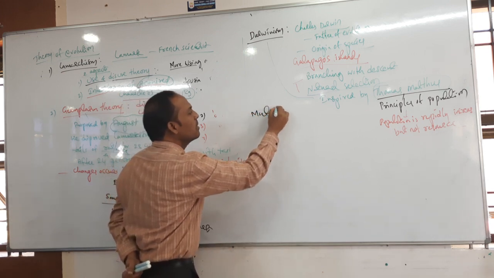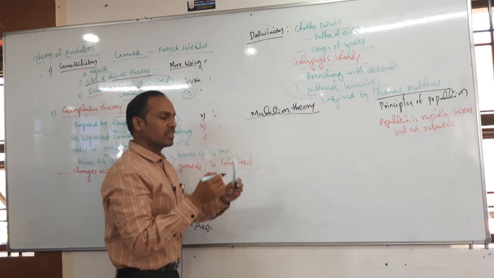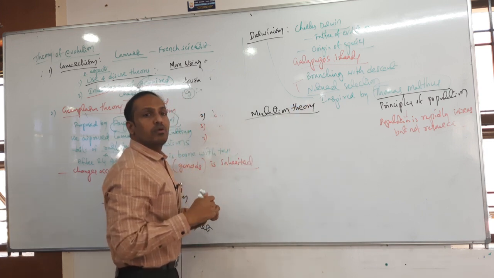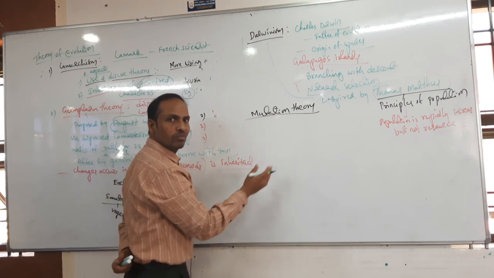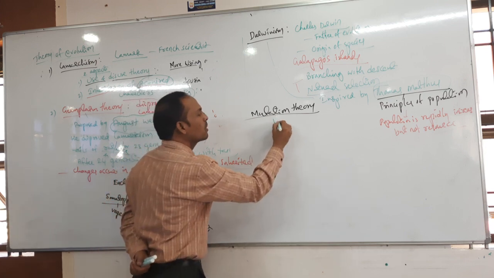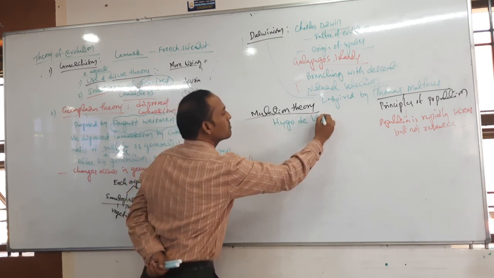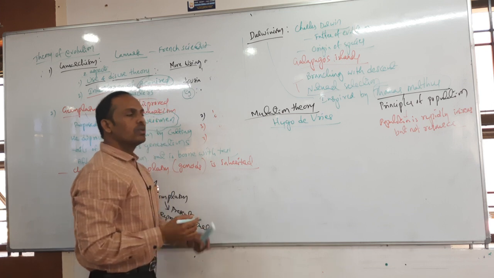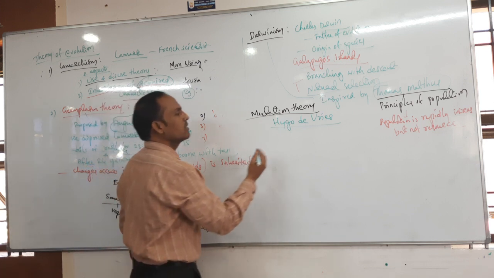What is the name of the theory? Mutation theory. Mutation theory is proposed by whom? Hugo de Vries. He completely explained mutation theory.